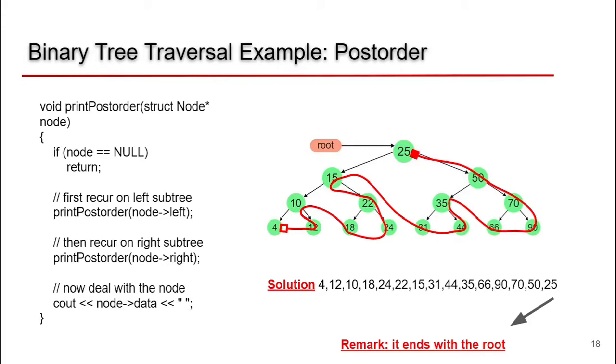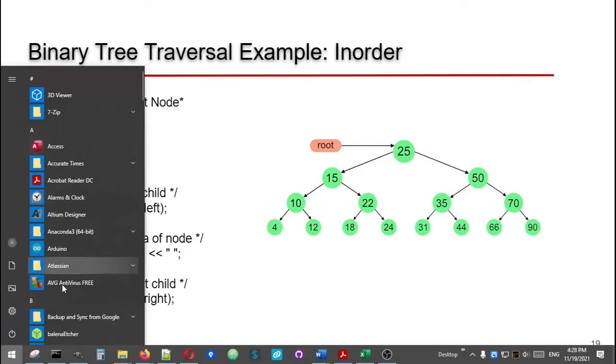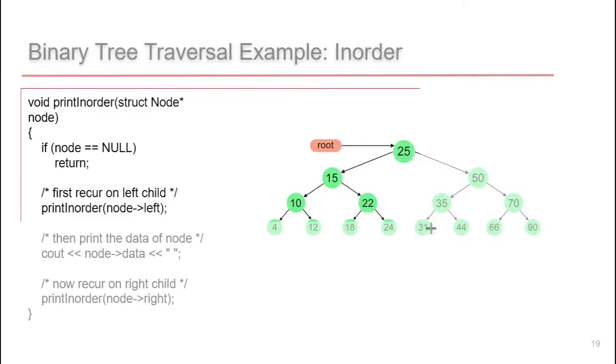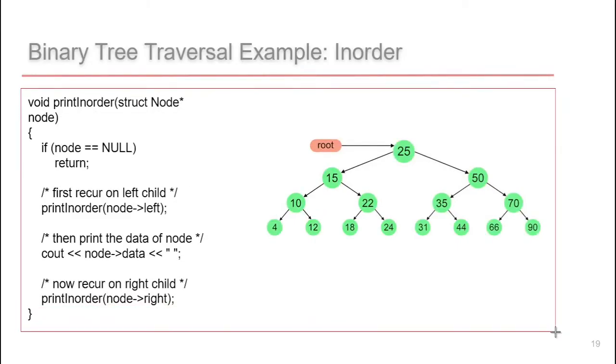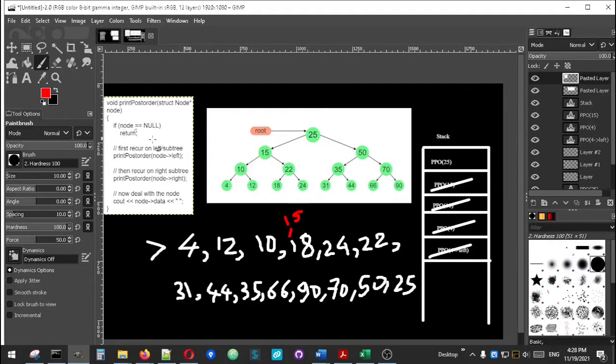The in order we can do quickly, very quickly. I will make a snapshot for it and go again. But this time we will analyze it with our brain without writing. Let's see if we can do this.